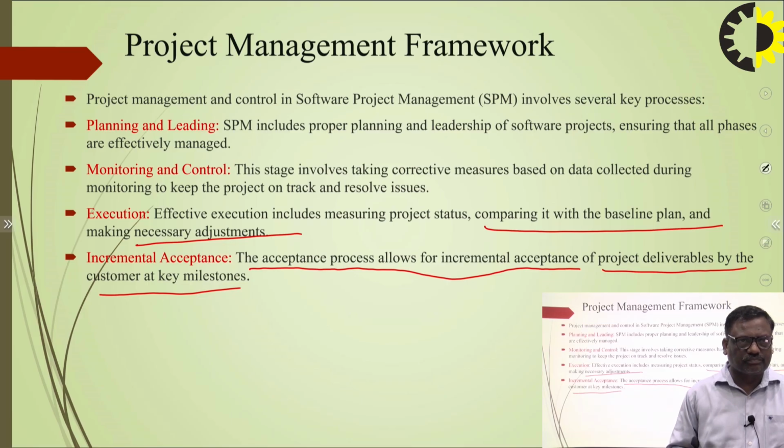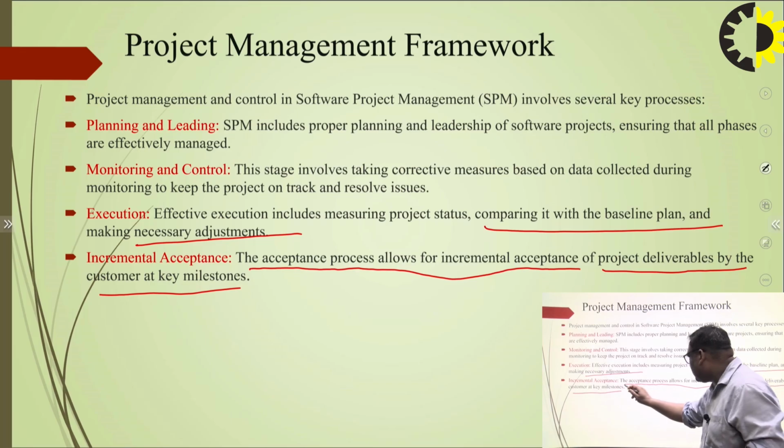When we talk about the spiral model, a certain part of a project we develop and test and deliver to the customer, and the customer also checks whether these are correct or not. So this is the acceptance process here.